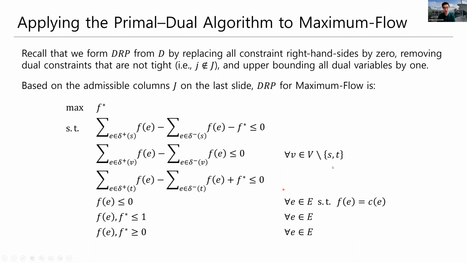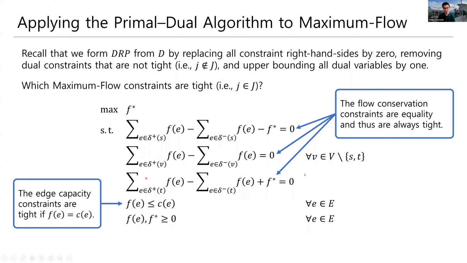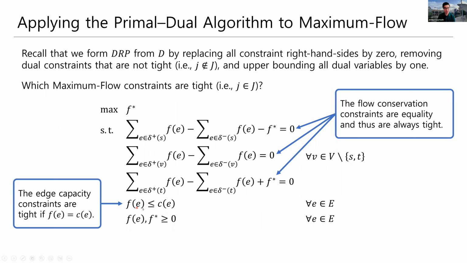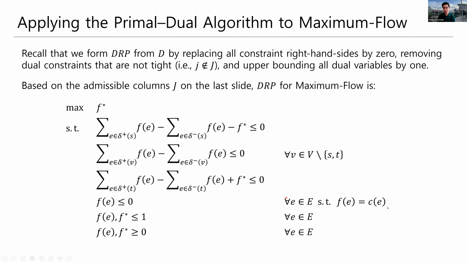Remember, on the last slide, all of the flow conservation constraints were tight, so we are keeping all of them here. And the only edge capacity constraints that are tight are those for which f of e is equal to c of e. Okay, so this gives us our DRP.